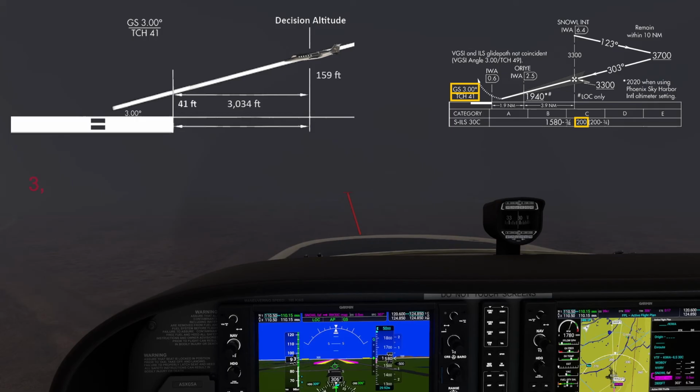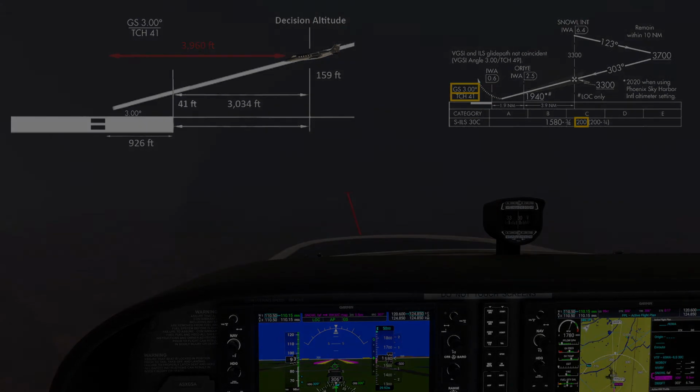We can now subtract our distance from the runway, 3,034 feet, from the required flight visibility, 3,960 feet, to determine how far down the runway we would need to see, which is about 926 feet. So, we would basically need to see the aim point markings to know that we have the required flight visibility for the approach. If we only have the runway threshold in sight, we do not have the required flight visibility.